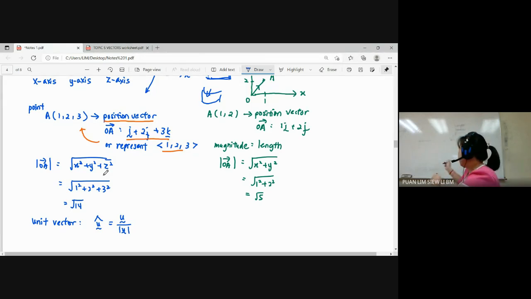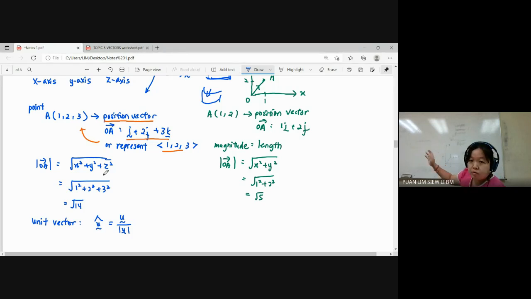So contohnya, koordinat saya kat sini. So sini 1. So sini y axis. Y axis saya 2. So sepatutnya kalau 2 dimension is located at here. This is 1, 2 dimension. Then O at here. Bermaksud dalam arah, kalau 2 dimension, dalam arah pukul 1, 1 o'clock direction, this is my vector OA.